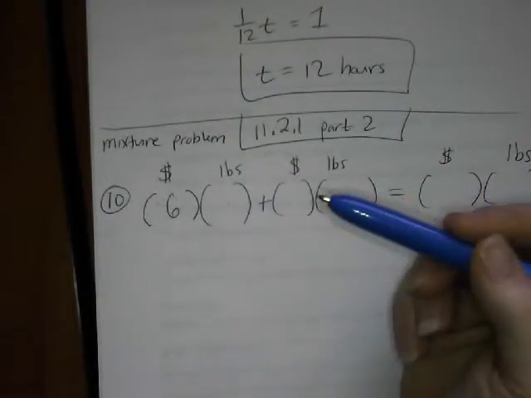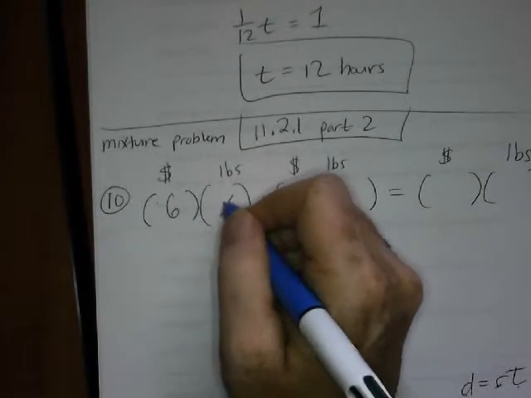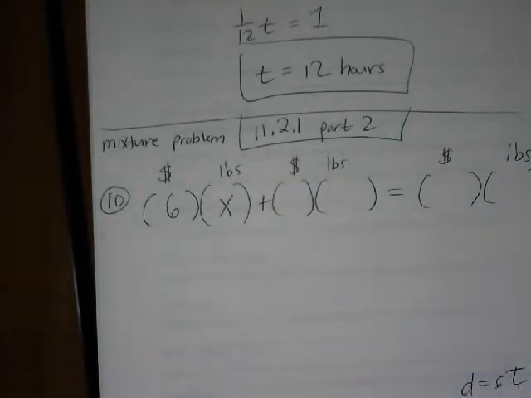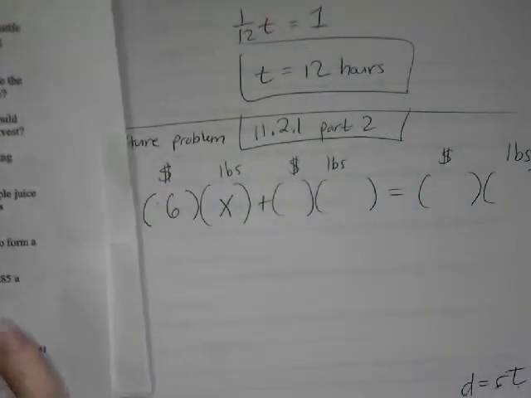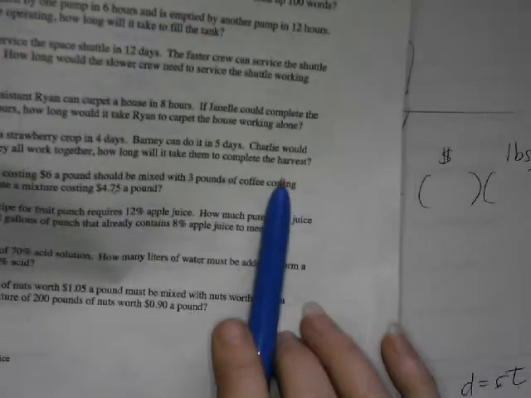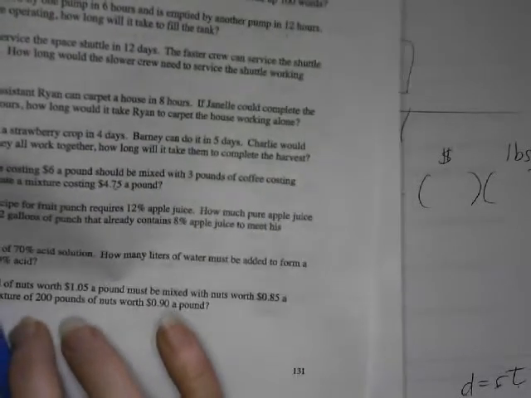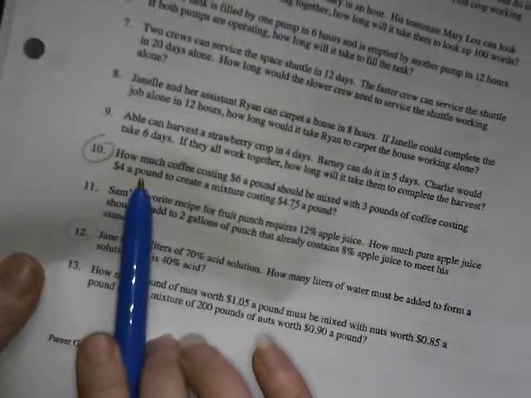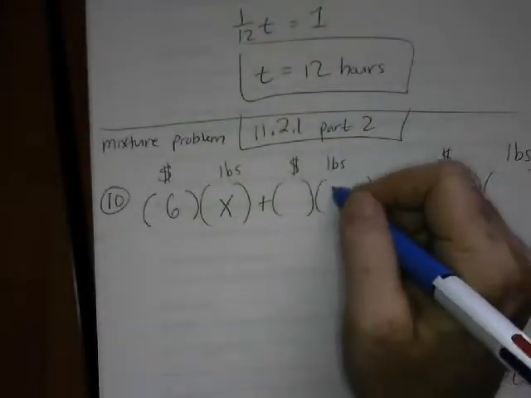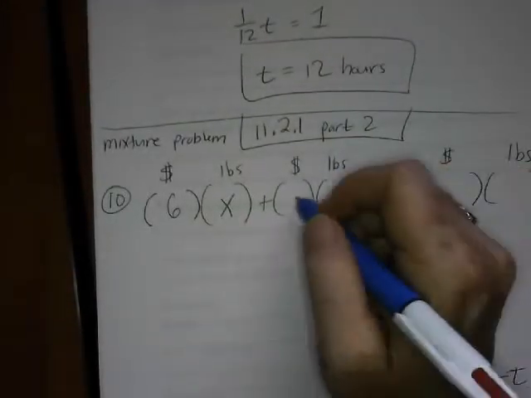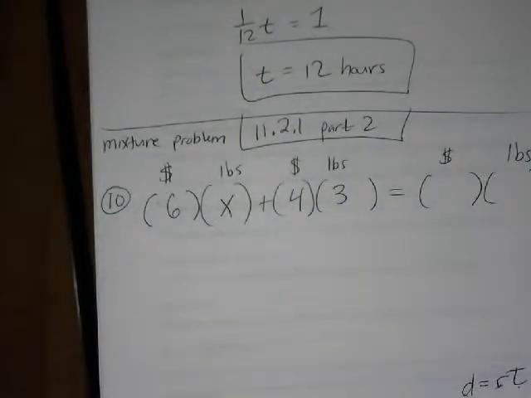It doesn't say how many pounds there are, so I'm going to put an X for that. And then we add that to 3 pounds of coffee that's $4 a pound.